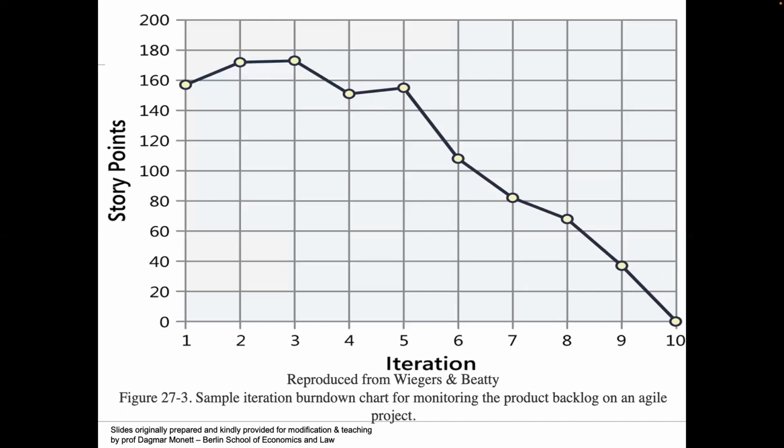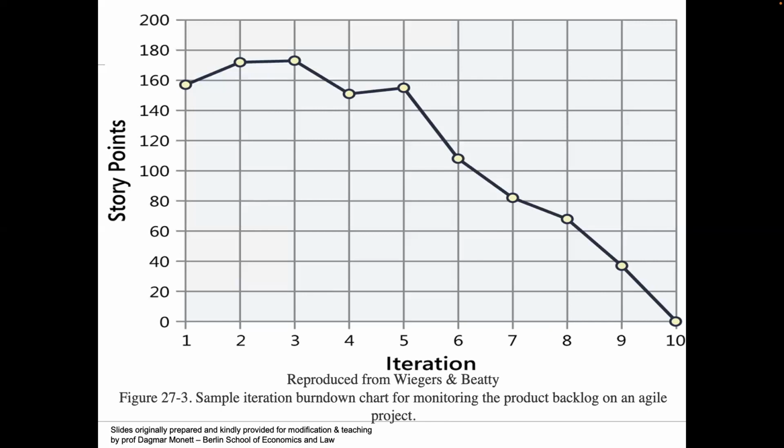So what it is displaying to you is that maybe new functionality was added to the backlog, and more functionalities were added than were completed or removed during the course of the iteration.